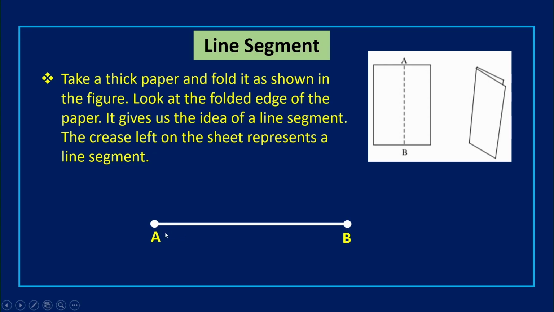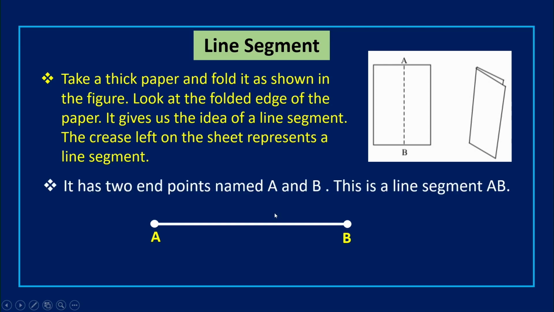See this line segment. A is one end point, another end point is B. It has two endpoints named A and B. This is line segment AB, and it is denoted by AB or BA.